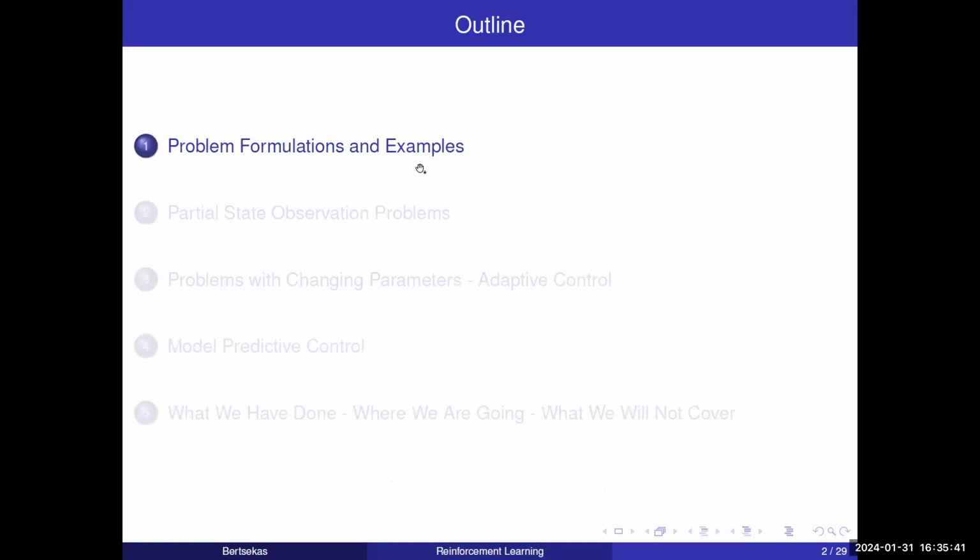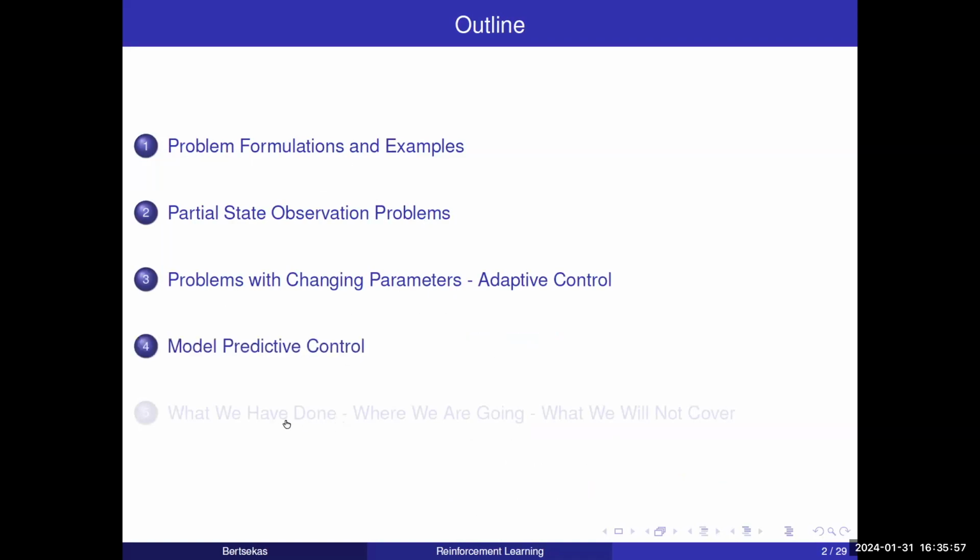We'll start with problem formulations and continue from where we were in the previous lecture, go into partial state observation problems, then go into adaptive control, and then we'll take a break, go into model predictive control, and then we'll have an overview and map out the future for the course.